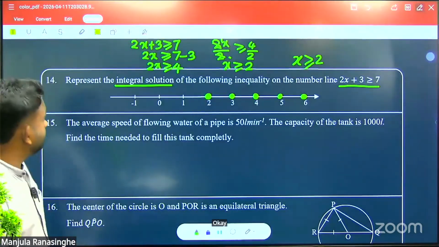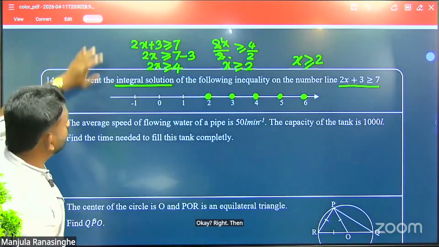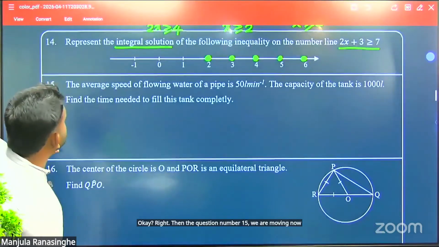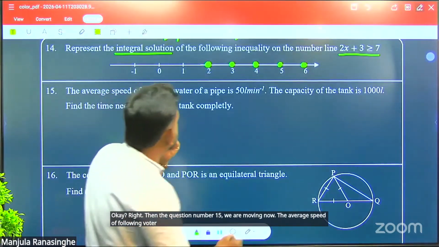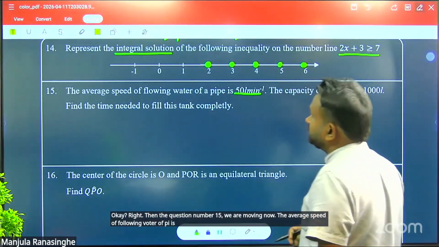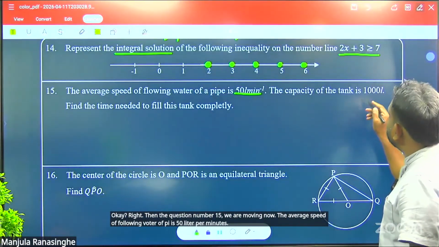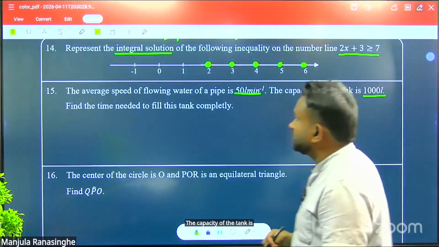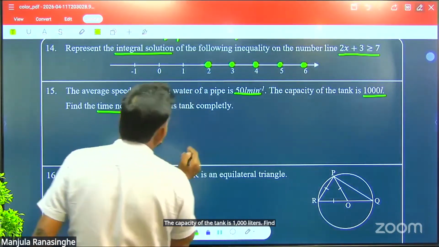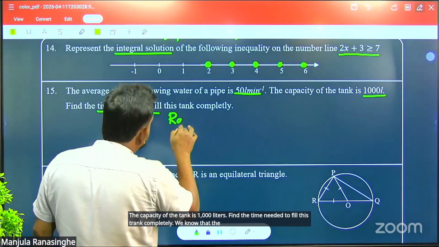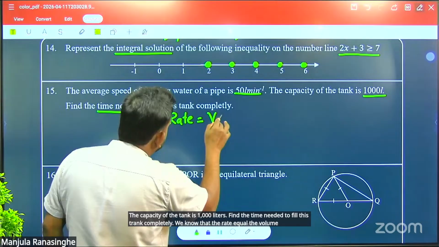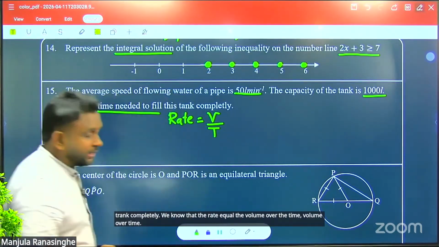Right, then question number 15, we are moving now. The average speed of flowing water in a pipe is 50 liters per minute. The capacity of the tank is 1000 liters. Find the time needed to fill this tank completely. We know that the rate equals the volume over the time, right?